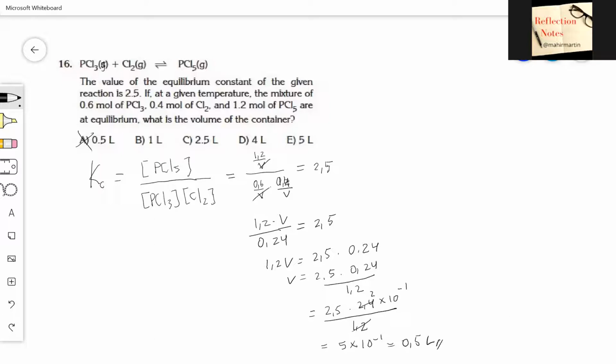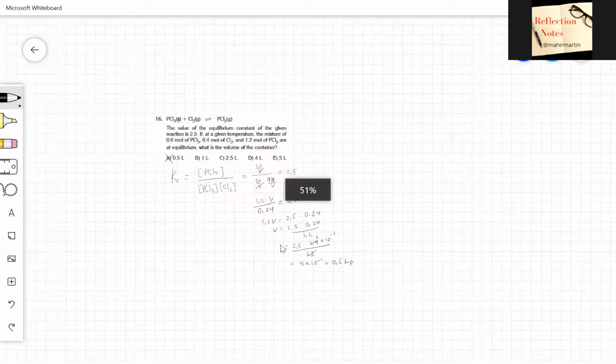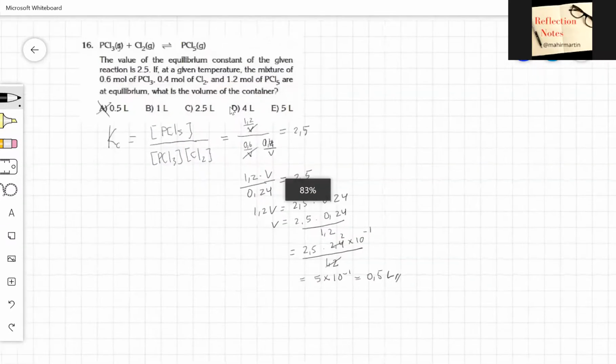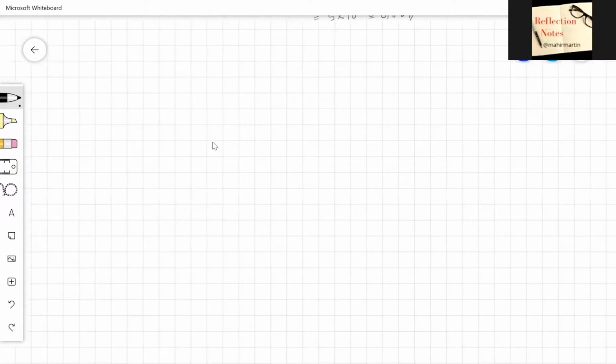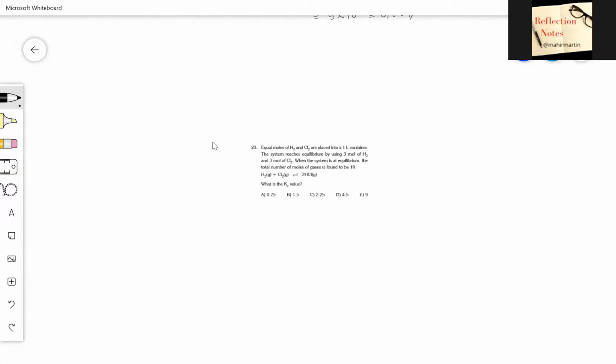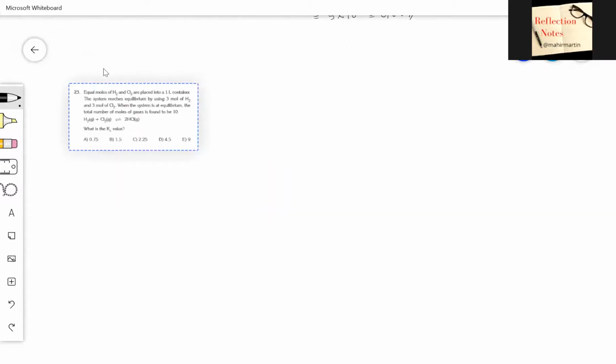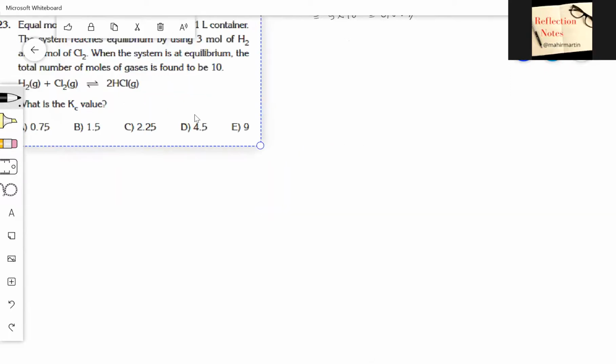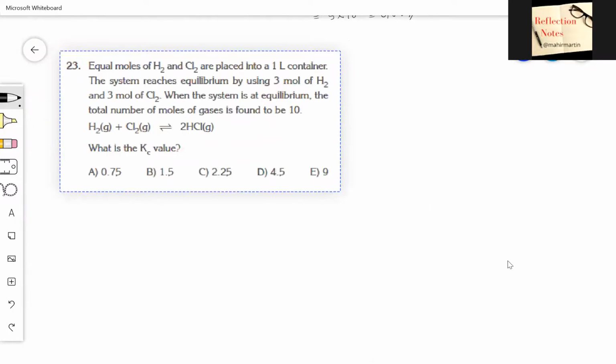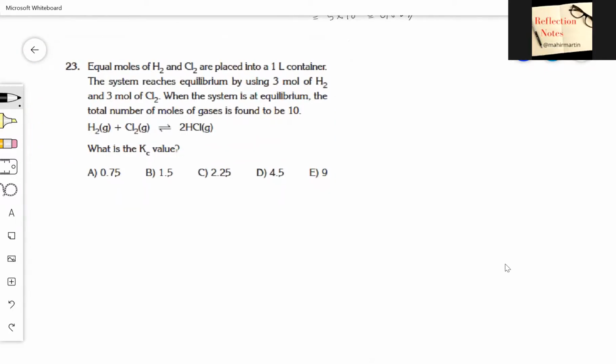All right. What is the other number? 23. 23. Okay. Let's see who can solve. Everyone try to solve.